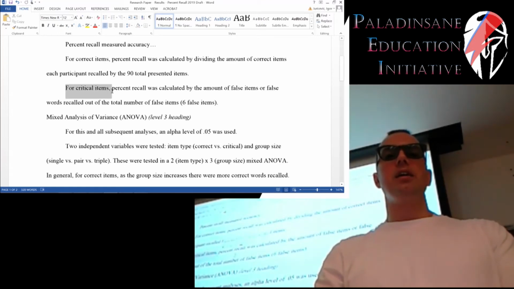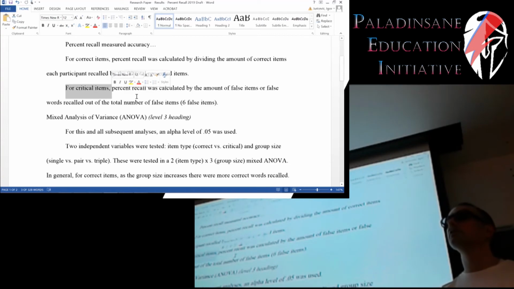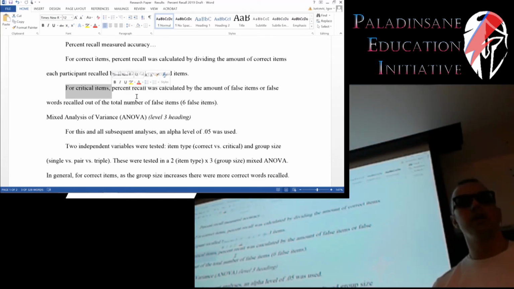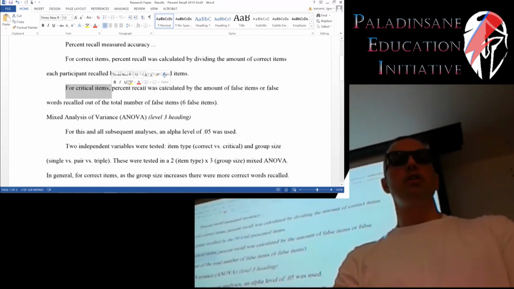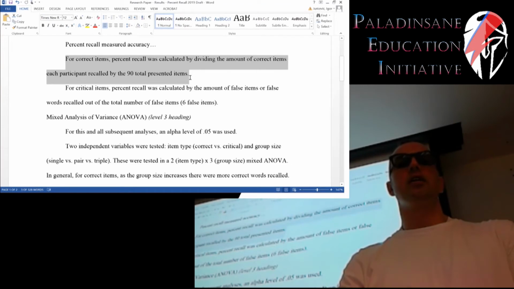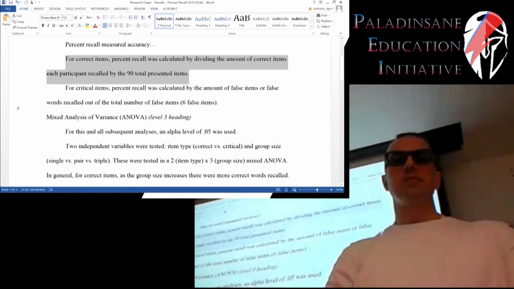Now, once again, we're going to take advantage of that Goldilocks and the Three Bears analogy, and we're going to make this as simple for the reader as possible. So we just workshopped this sentence here for the percent recall for correct items.